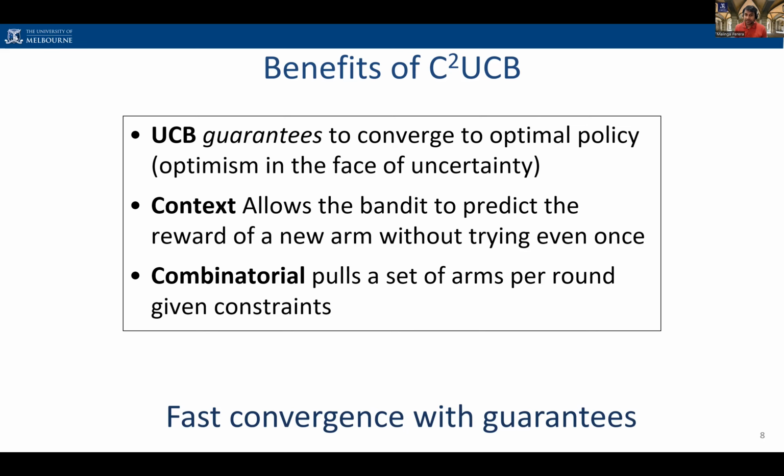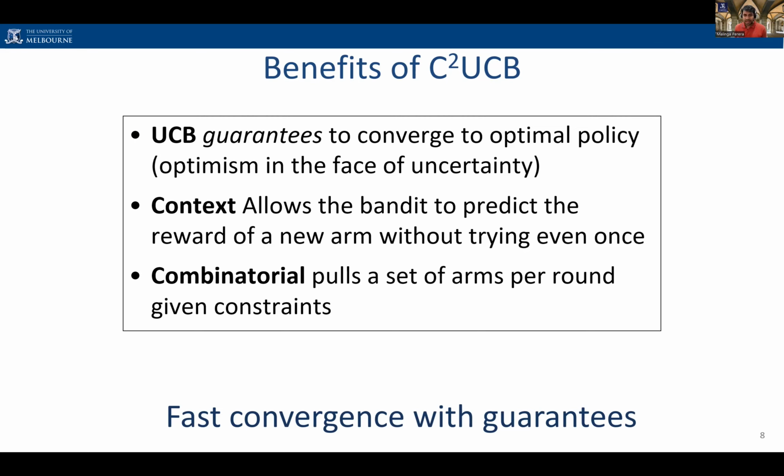C2UCB allows the use of context for each arm, providing additional information about the arm and the environment that the learner can observe before taking a decision. What really fascinates us is that, given enough rounds, context allows the bandit to predict the reward of a new arm at first sight without trying it even once.